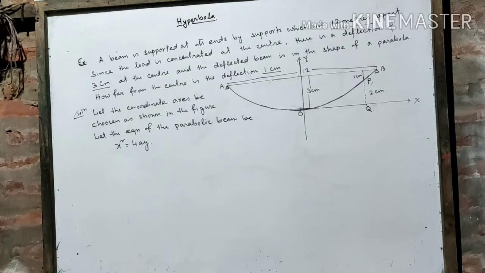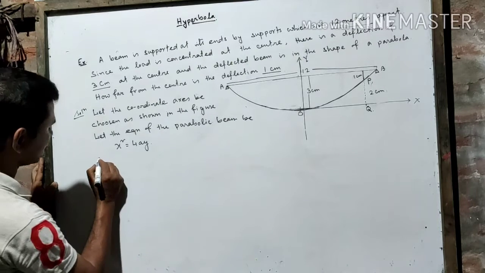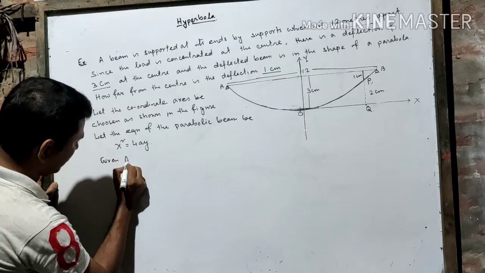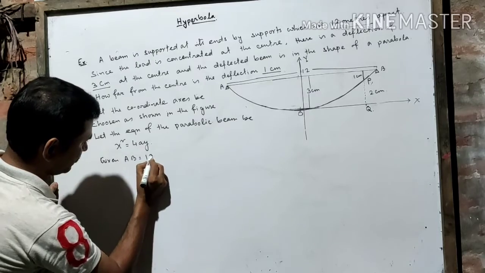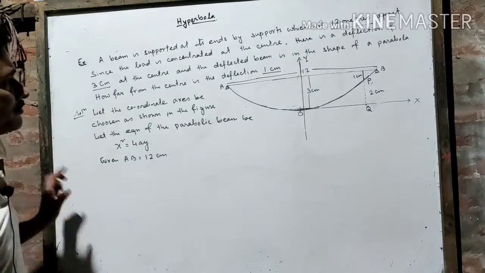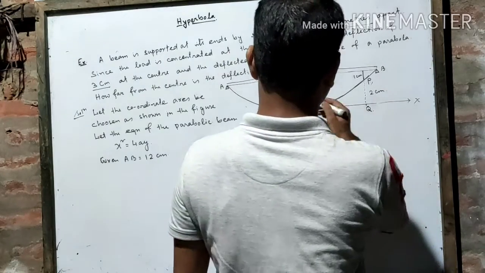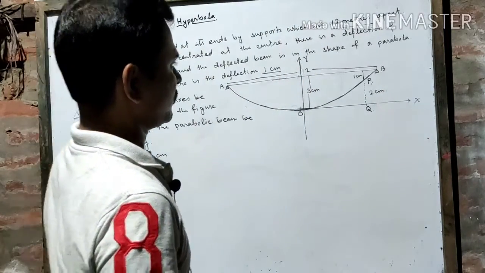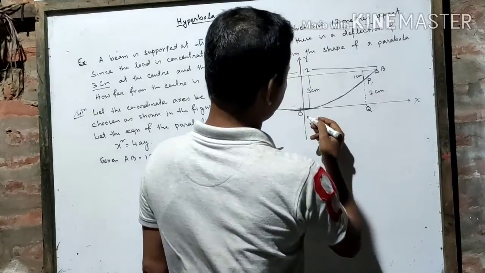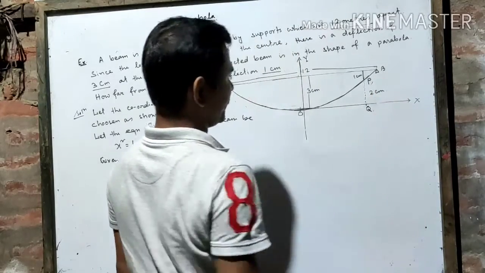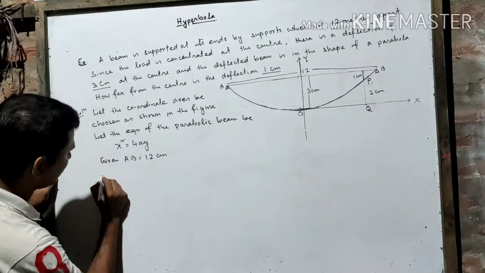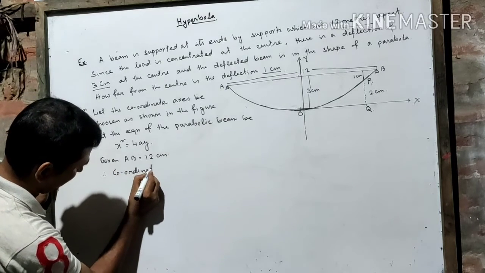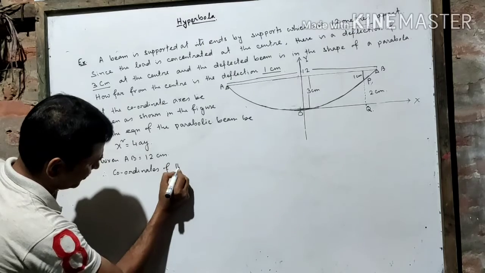Okay. AB is 12 centimeter, given. So for the point B, what will be the coordinates of the point B?